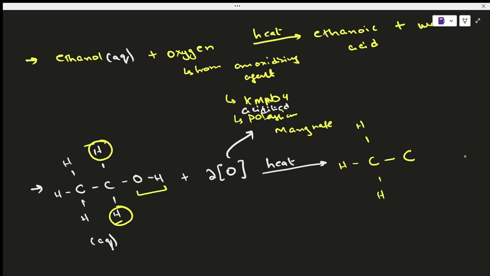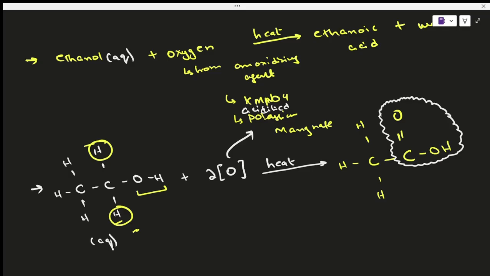Now you have an OH group here, these two hydrogens are removed, and instead you have a double bonded oxygen. I told you at the start of the series on alcohols that this functional group is that of a carboxylic acid.